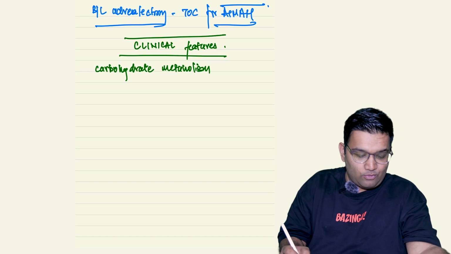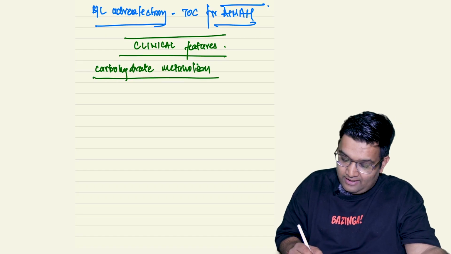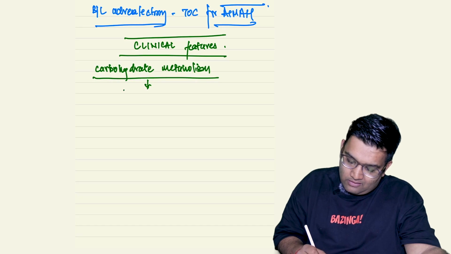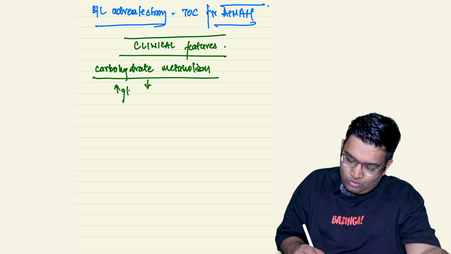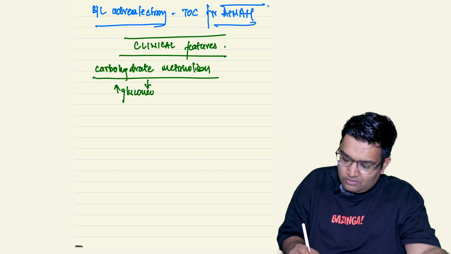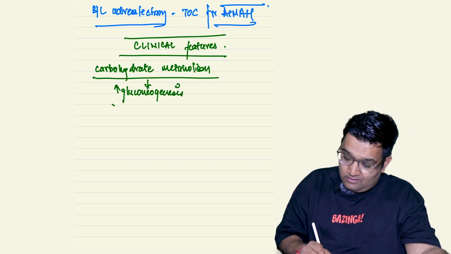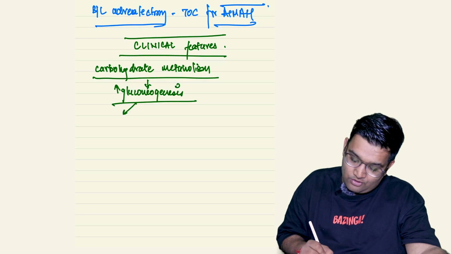In case of carbohydrate metabolism, it is going to cause increased gluconeogenesis. This is going to occur because of two reasons.